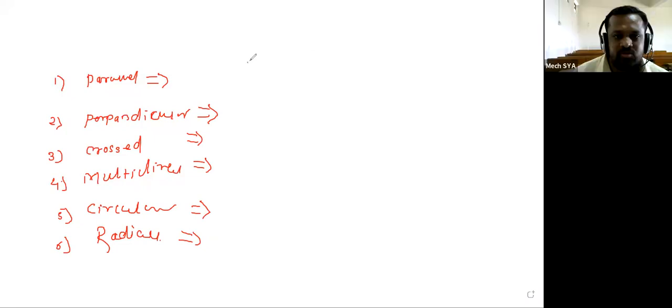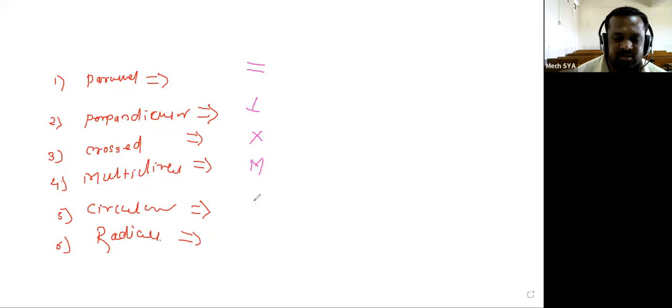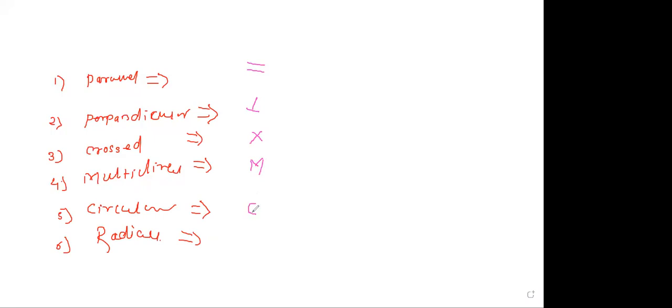Then how to represent the perpendicular direction of lay? We just have to draw a straight line. Then crossed: how to draw the cross? X like this. Then multi-directional: M. Then circular: C. And radial: R.